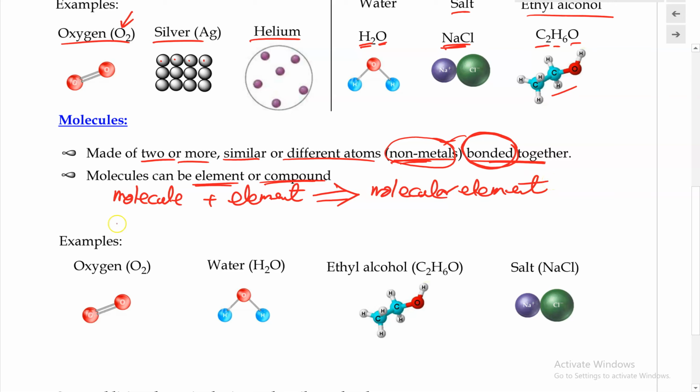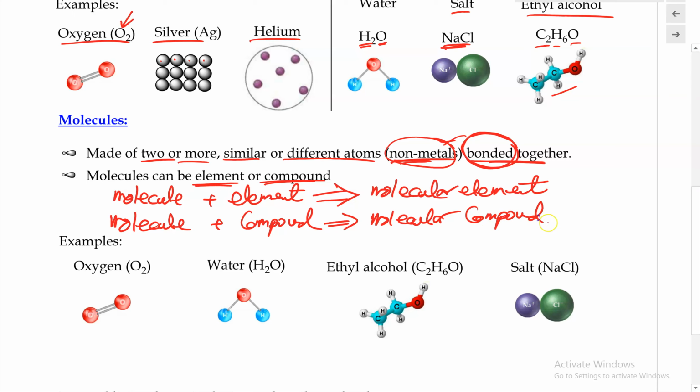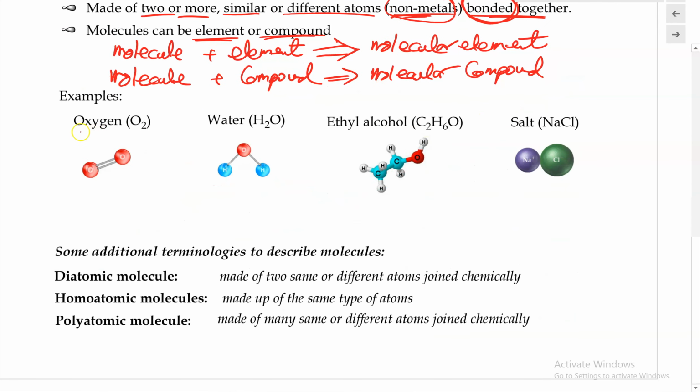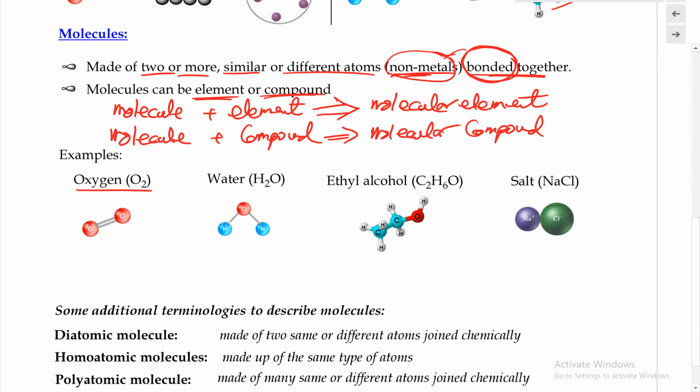And similarly, if we have a substance that can be described by the word molecule, and that substance is a compound, then we can combine them together to call it a molecular compound. So molecular compound and molecular element are two very common terminologies that we use in chemistry. For example, oxygen can be described by the word molecule. The reason in this case is that oxygen consists of two oxygens, and these two oxygens are bonded together.